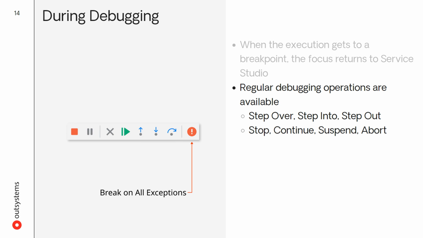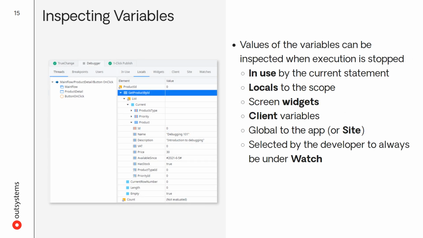When developers are doing a step-by-step execution, they can inspect the values of the variables in different scopes of the application. We can have a look at the values of the variables that are being used in the current statement, in the In Use tab. Also, there's a chance to look for the variables that are local to the scope of the execution, and also the values in the screen widgets, when we are in a screen action.